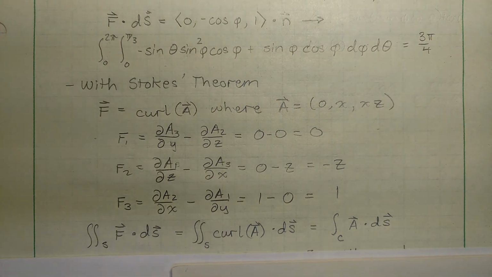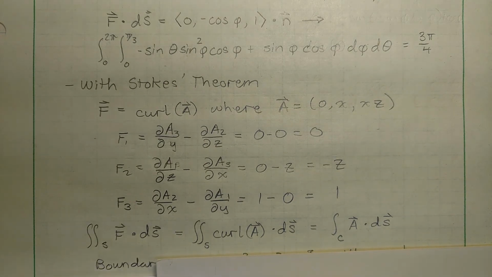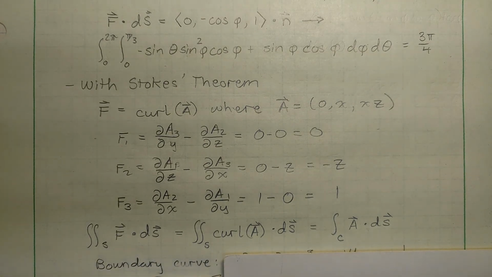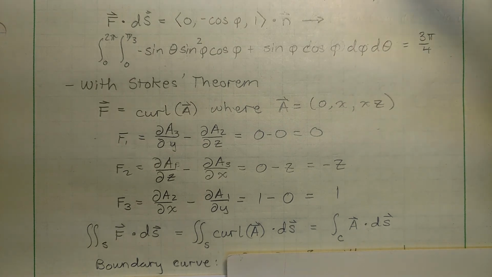So working this, the curve that we have to worry about is just the boundary curve. In this case, the boundary curve, if you remember, is that bottom rim of that spherical cap that we have there.